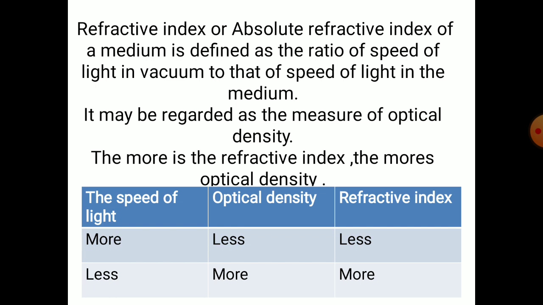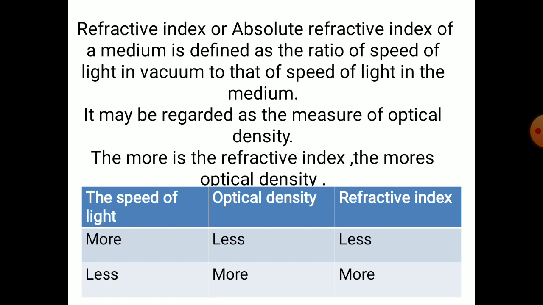So you can see that refractive index is the measure of optical density of the medium. Of the two media, if one medium is vacuum, the refractive index of the other medium is known as absolute refractive index or simply refractive index, and in other cases the refractive index of the medium is termed as relative refractive index.